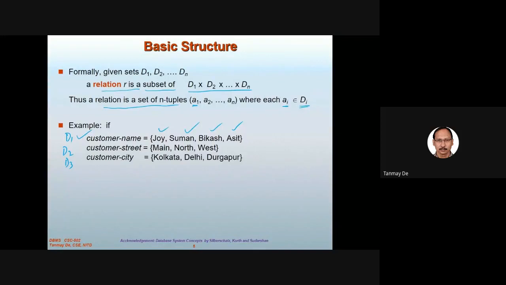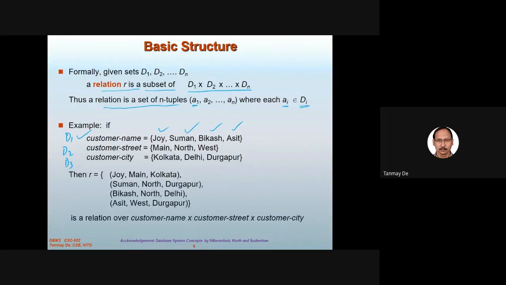So the relation r in that case is taken from this. It is a relation over customer name, customer street, and customer city. In this case the relation is a three-tuple.